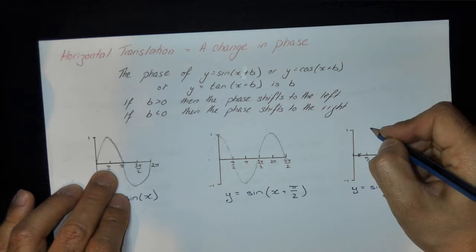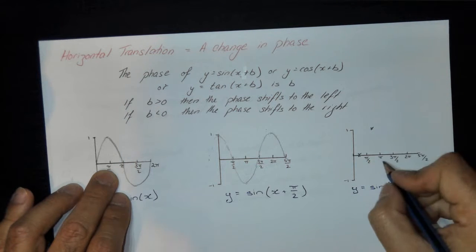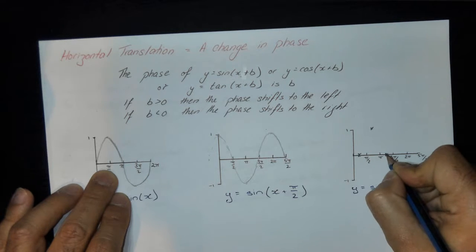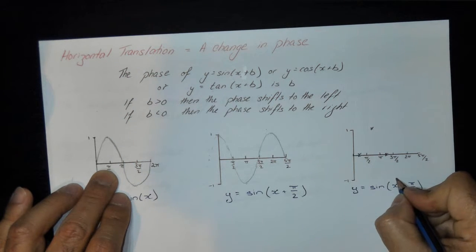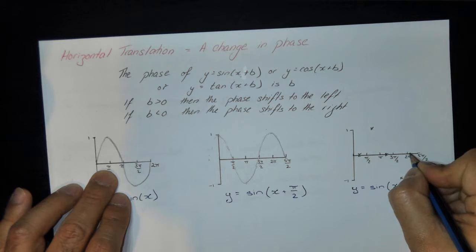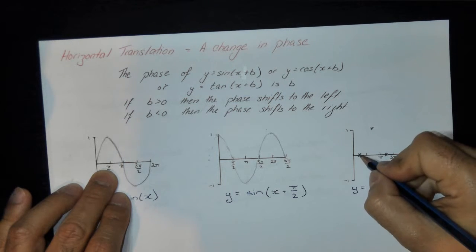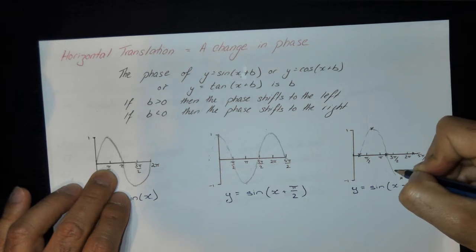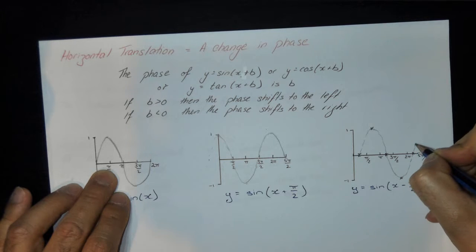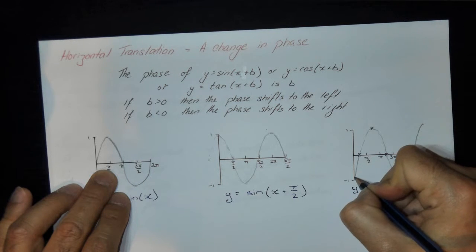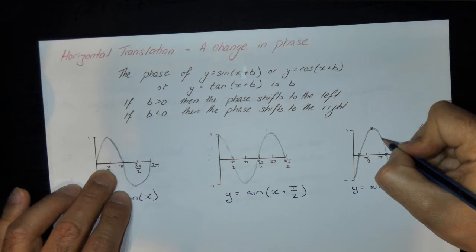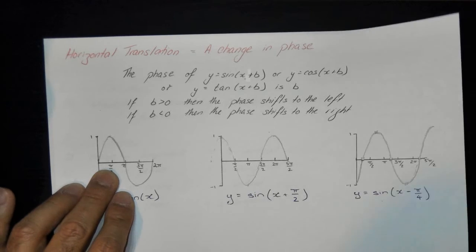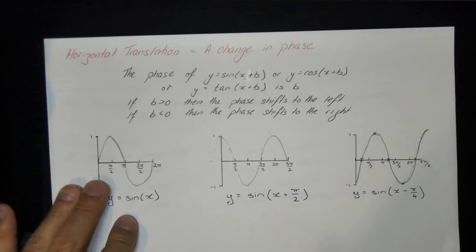We're moving it a quarter pi, quarter across, quarter across. And you get that. Okay. And that's everything. All right.